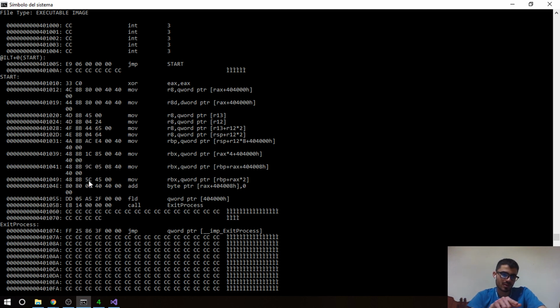Now it's 5C, and 5C just tells me AB displacement there, go for the SIB. This SIB is telling me that we have 2 times in the index scale. We're fetching REX, and we're fetching RBP in the columns, and then we have a 00 there. That's all. And if we want to have R13, which is the other case, we just put 49 and that's it.